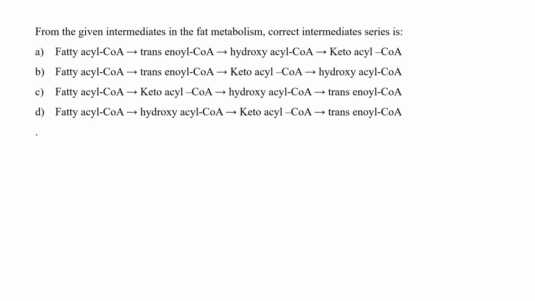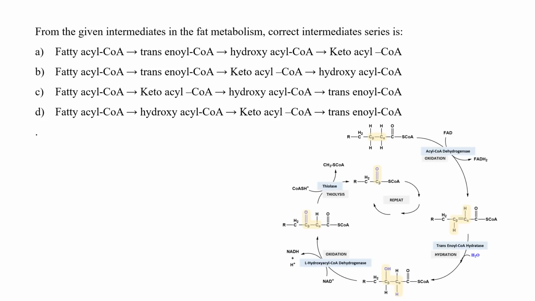From the given intermediates in fat metabolism, which is the correct intermediate series? There are 4 options given and we have to arrange the intermediates as they occur during the beta oxidation of free fatty acid. If you see the diagram, we start with the fatty acyl CoA. After an oxidation step, it is converted into transenoyl CoA having a double bond.